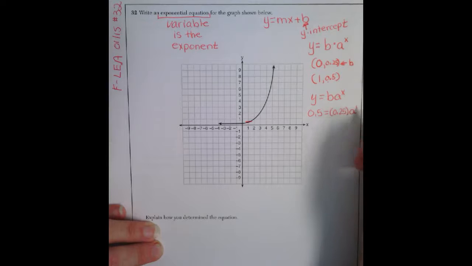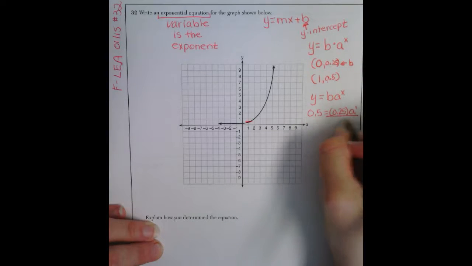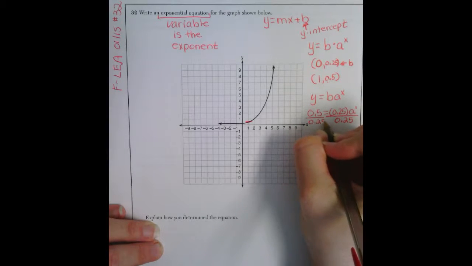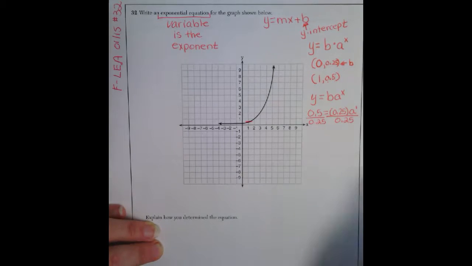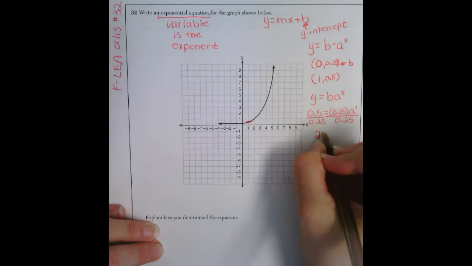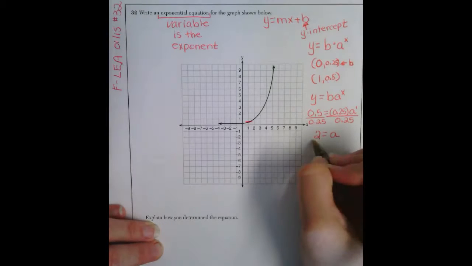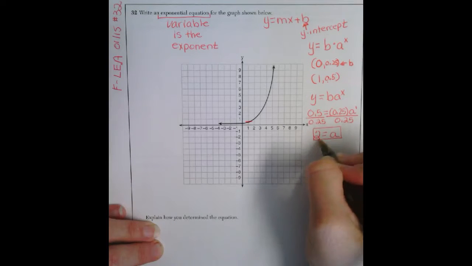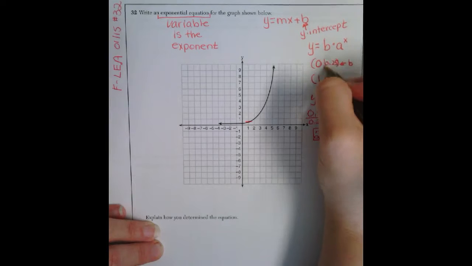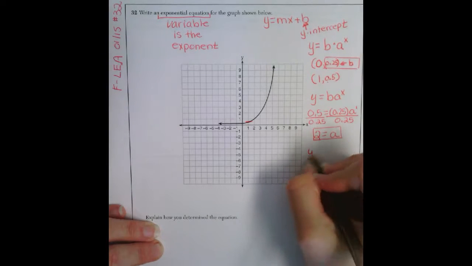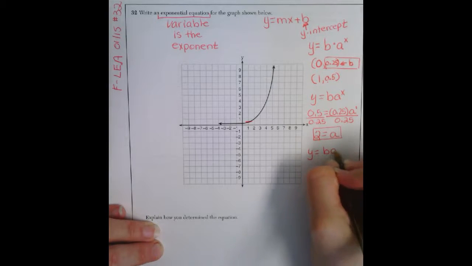Because it's just a, we can divide both sides by 0.25. When we do that, we get 2 equals a. Now that we know that 2 equals a, and we got our b from up here, we can rewrite the equation one more time.